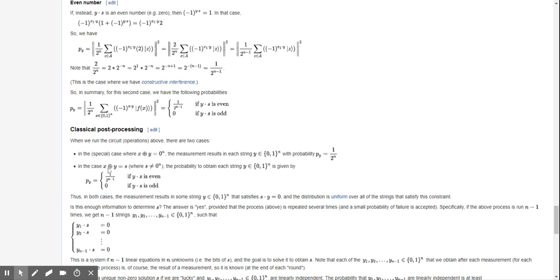In the case where x is s, where s is not the 0 string, the probability to obtain each string y is given. Thus, in both cases, the measurement results in some string y that satisfies. This is what I've done.